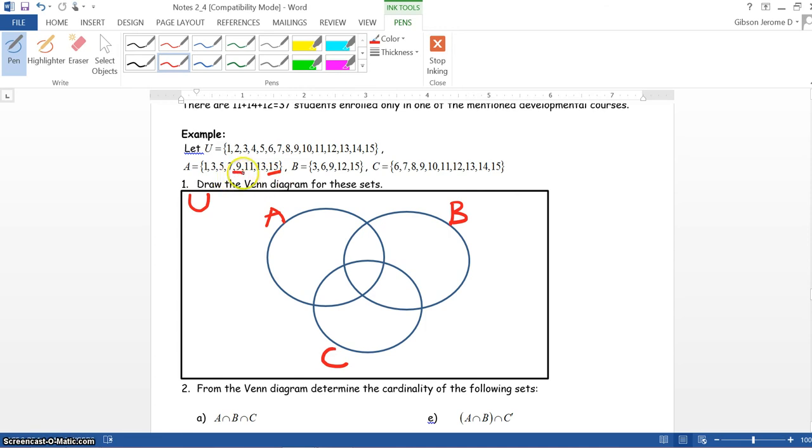So we will put 9 and 15 here, because that intersects all 3.